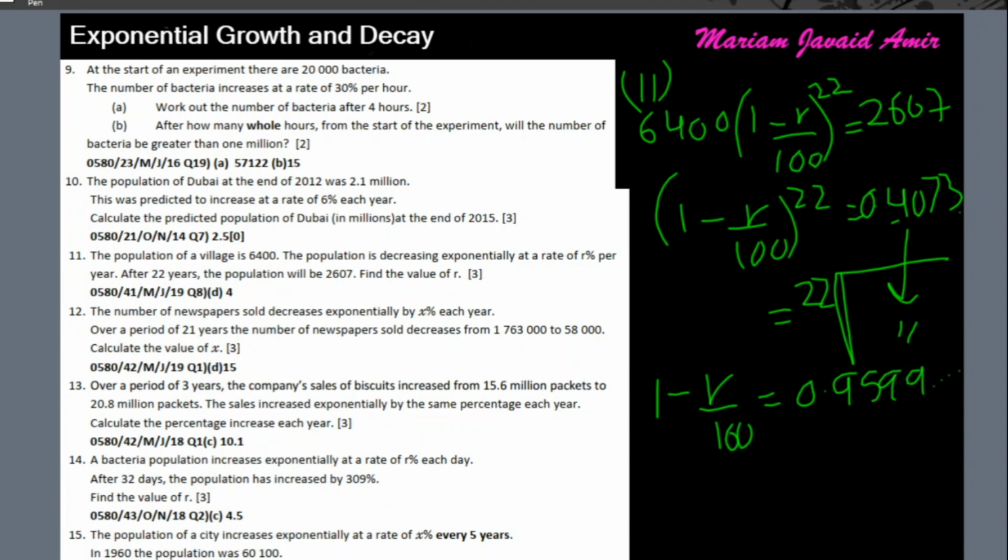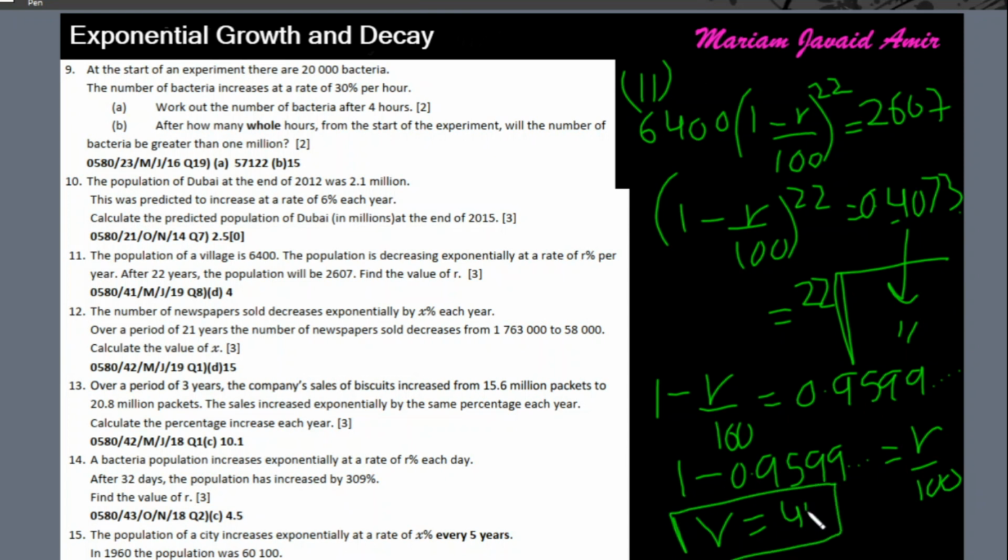I do have more numbers. Let's move this to the other side, 9599, with the remaining numbers equals to R over 100. So I'll do 1 minus answer times 100 to get the rate, which is 4. So rate comes out to be 4.00000, so it's 4.